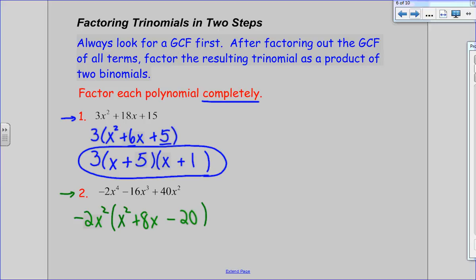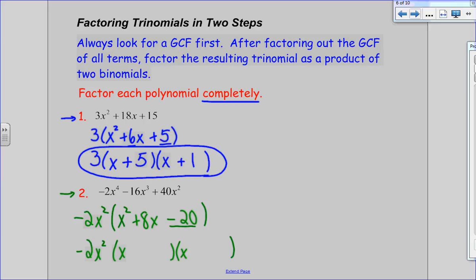And so let's look at our trinomial of x squared plus 8x minus 20 and see if it could be factored farther. X times x could give us our first term. And then we think of what multiplies to give us negative 20.